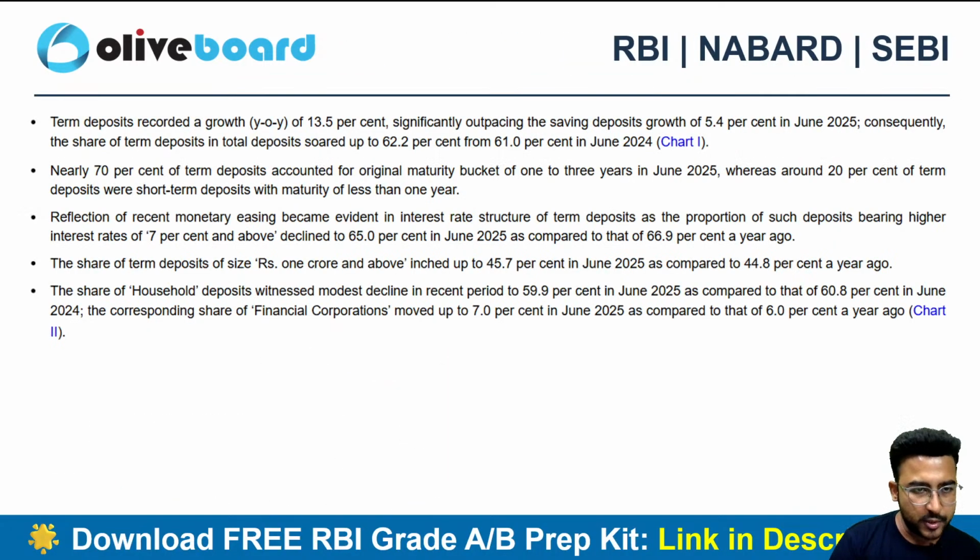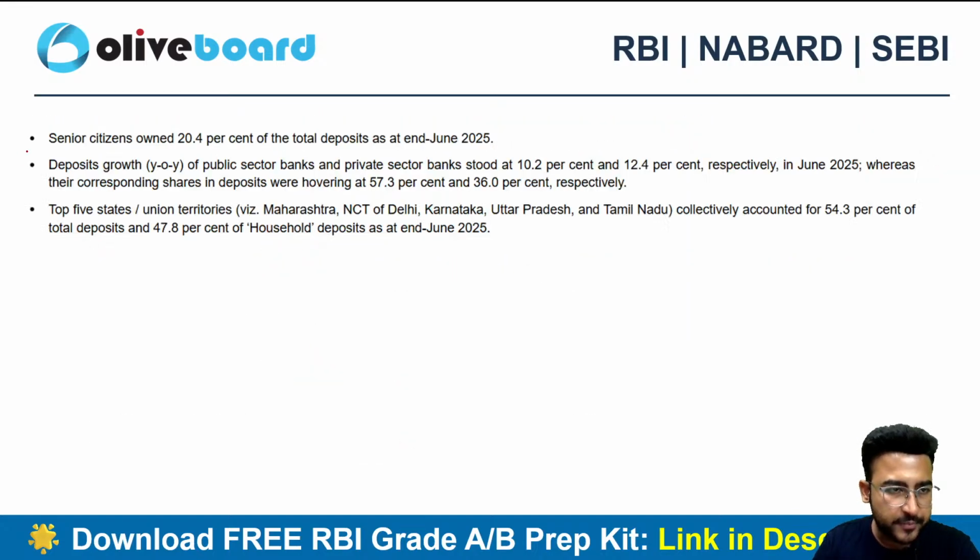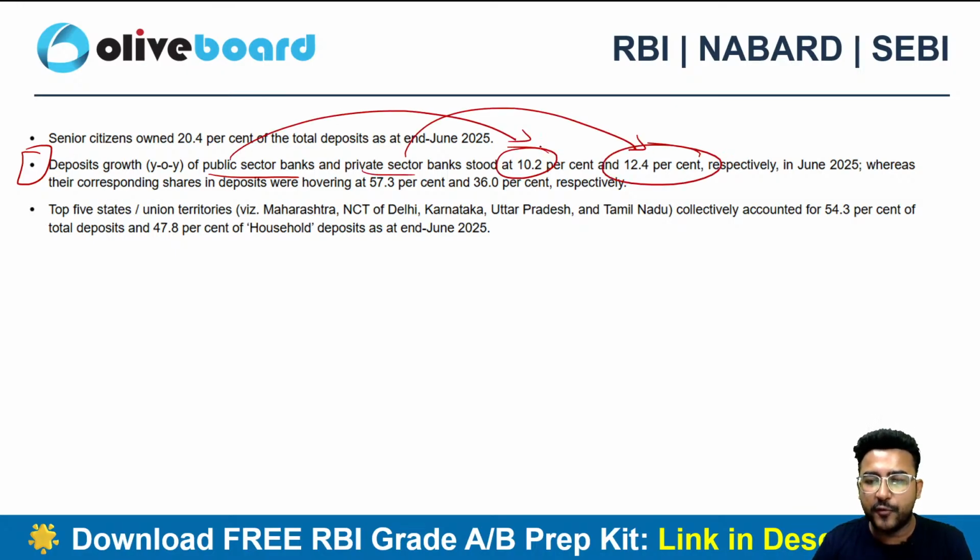Okay, I just wanted to tell you one point related to public sector and private sector banks. I missed marking that point actually. Okay, here it is. Have a look. The deposits of the public sector banks and the private sector banks are 10.2% and 12.4% respectively.